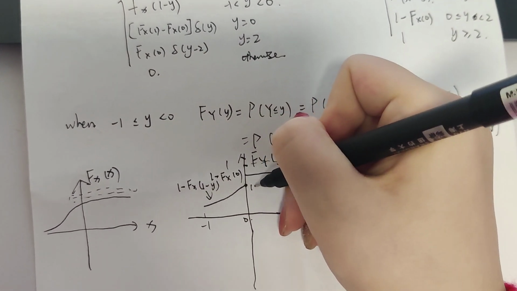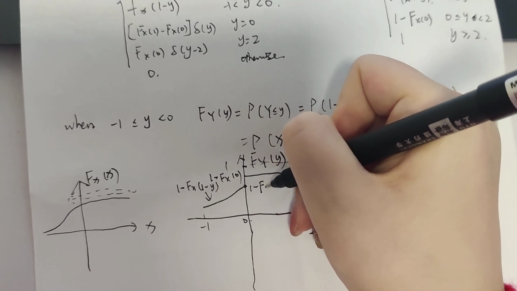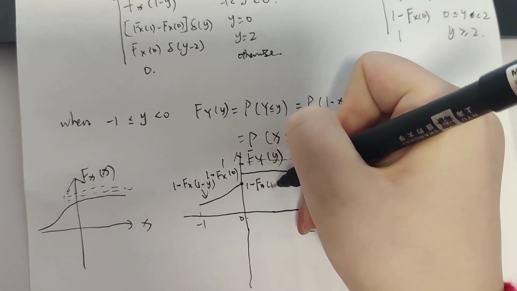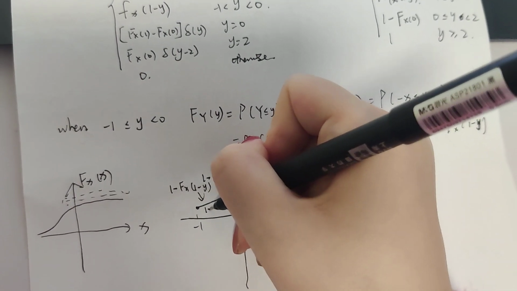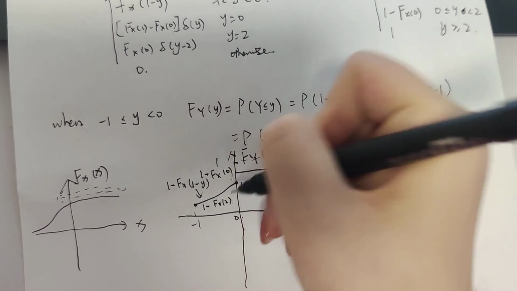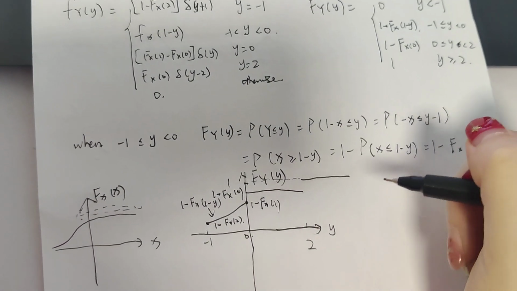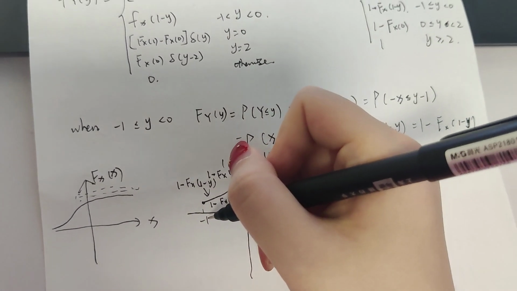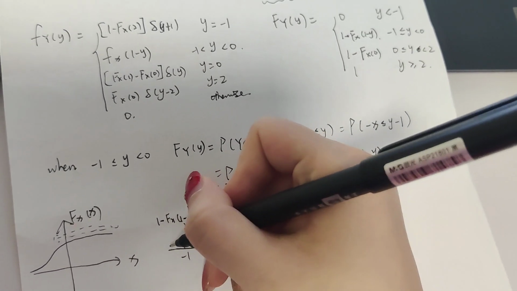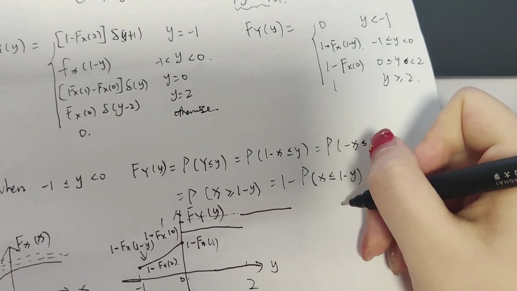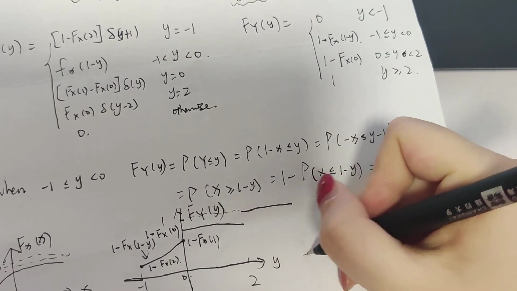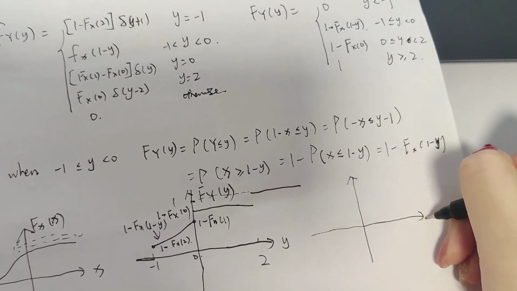At the endpoints, this is 1 minus F_X(1), and this is 1 minus F_X(2). And when y is less than minus 1 it equals 0, and the density function is more simple.